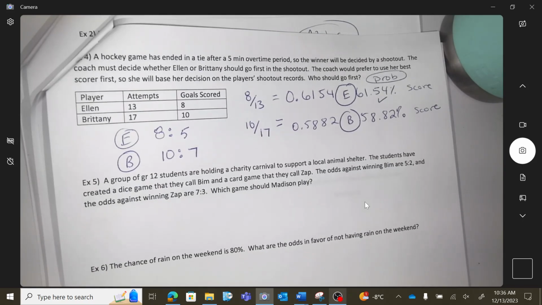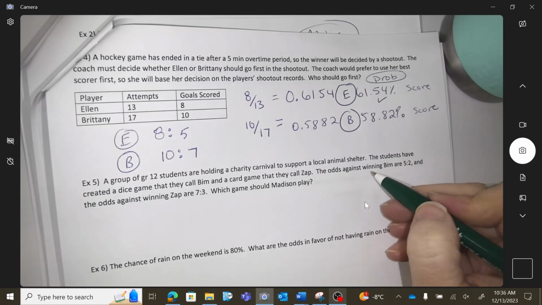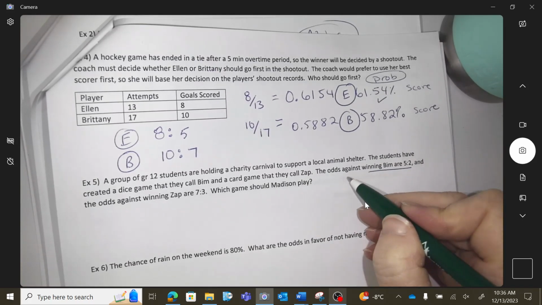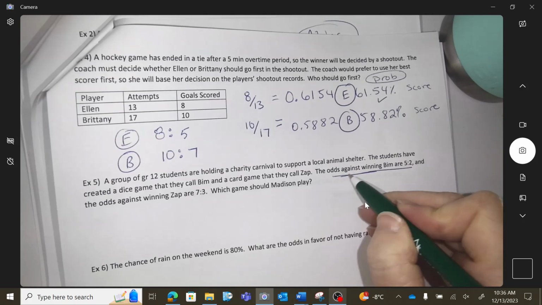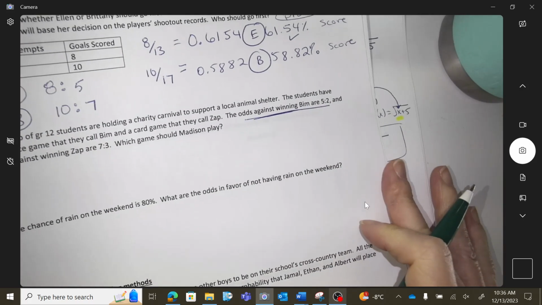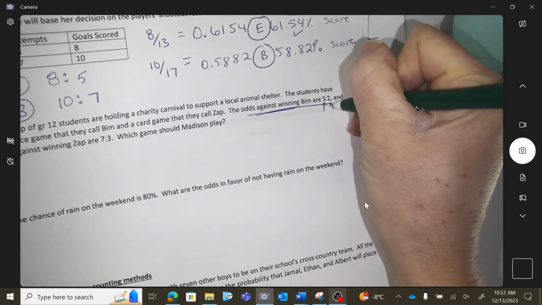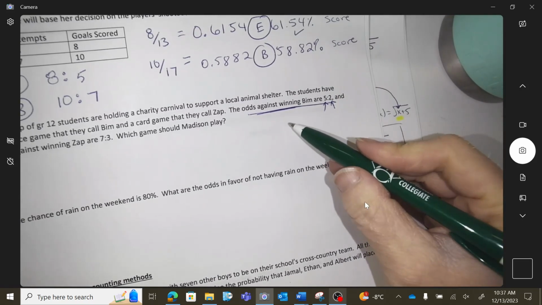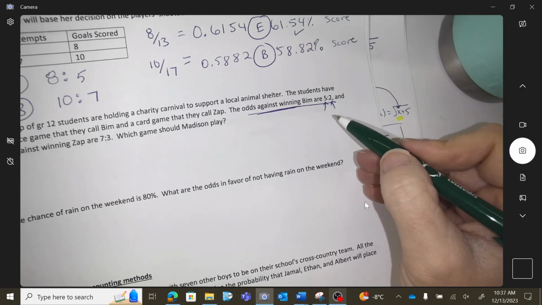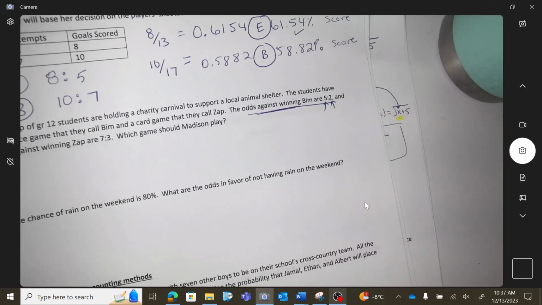Okay, a group of grade 12 students are holding a charity carnival for a shelter. The students have created a dice game, they call it BIM, and a card game called Zap. The odds against winning BIM. So let's label this. The odds against winning. So the 5 is the what in the game?